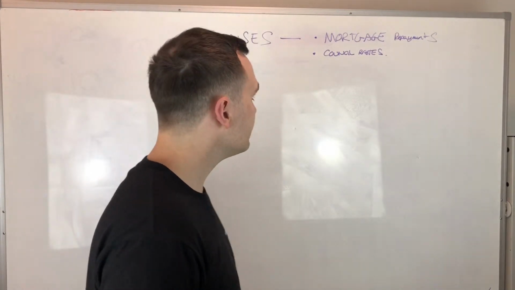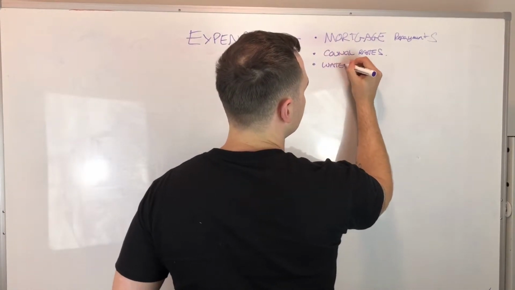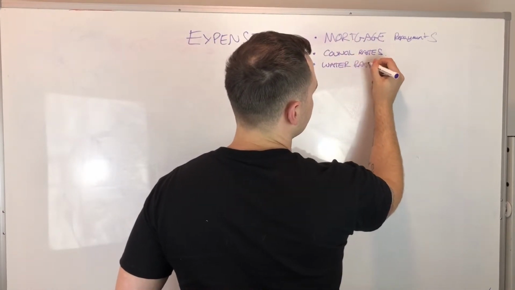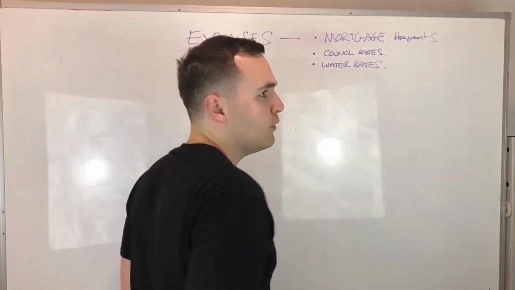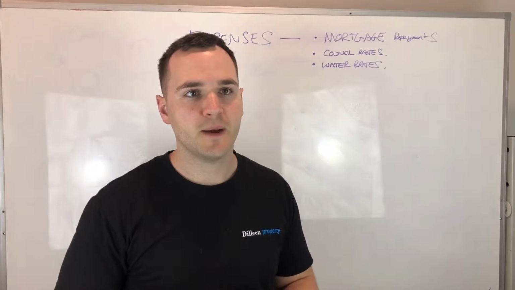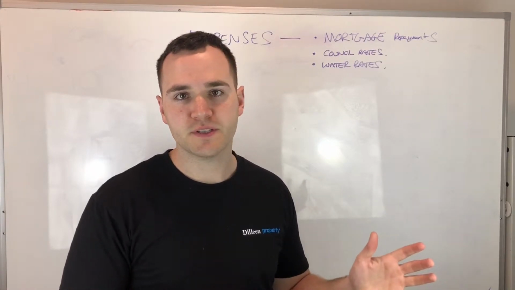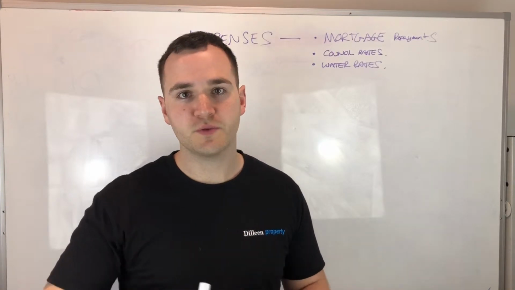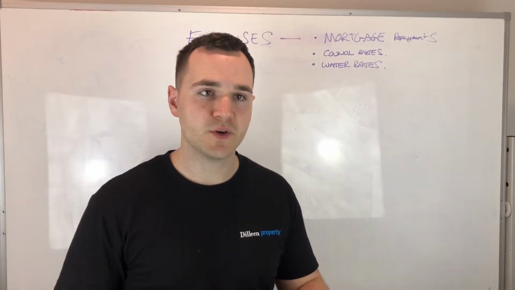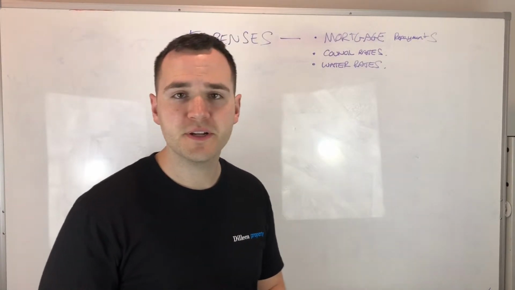You usually get billed quarterly, depending on what state or council you're in. Water rates is another one. Water rates can be different again. You could be looking anywhere between $100 a quarter to $400 a quarter, just depending on how it's metered.